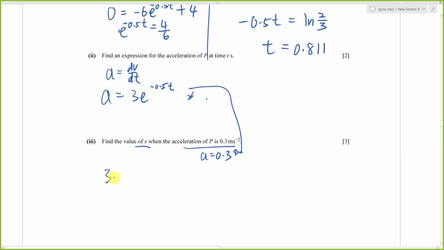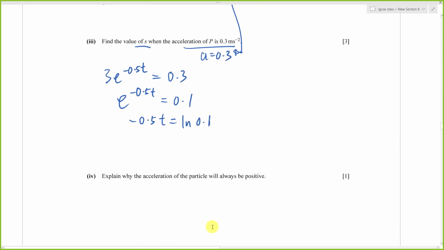So 3e^(-0.5t) equals 0.3. Then e^(-0.5t) equals 0.1. Then -0.5t equals ln 0.1. So the time is ln 0.1 divided by -0.5, which is about 4.61.